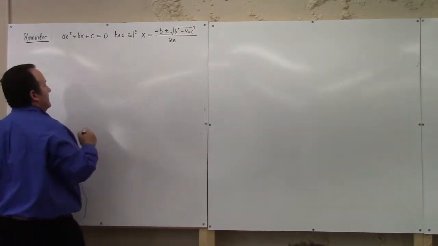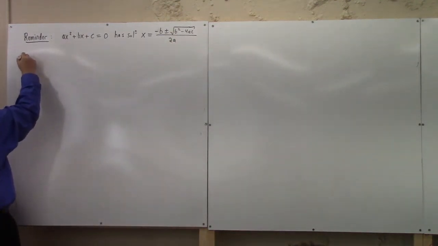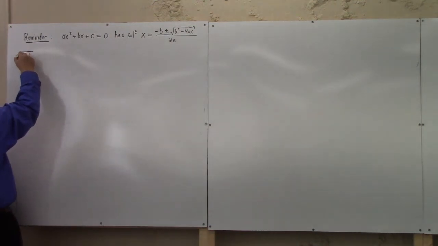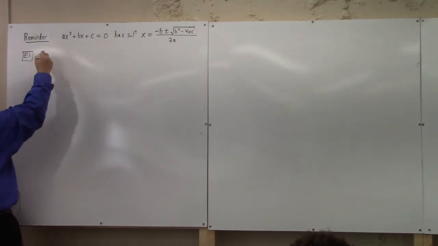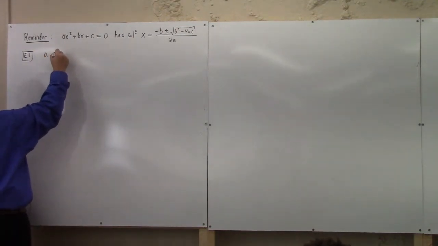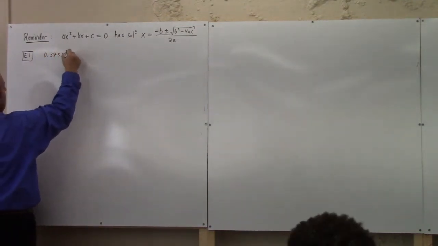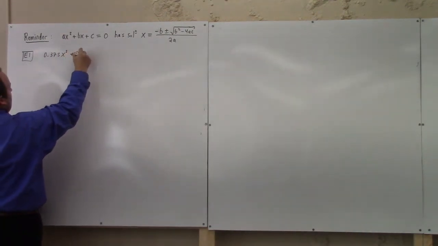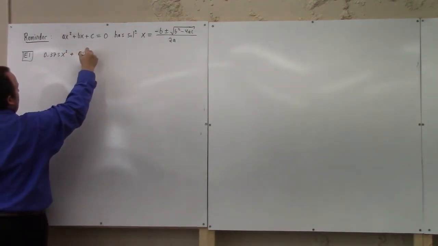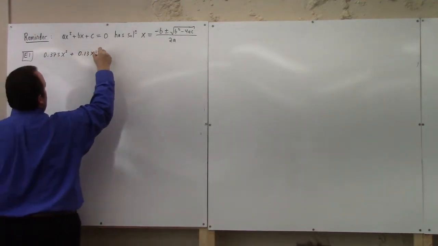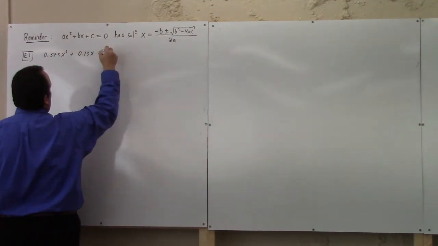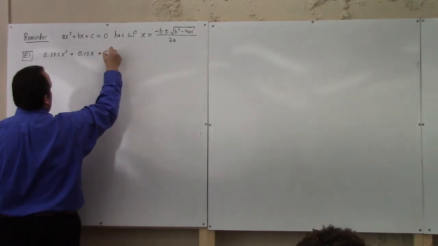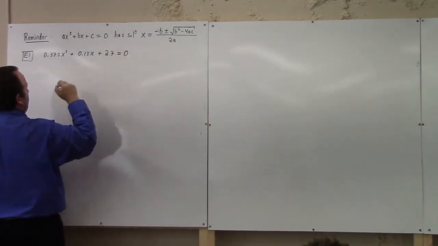All right, so here's an example where we might want to actually use that. Something like this: 0.375x squared plus 0.13x plus, I don't know, let's see here, 2.7 equals 0.